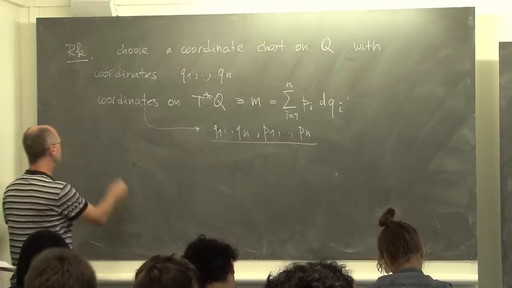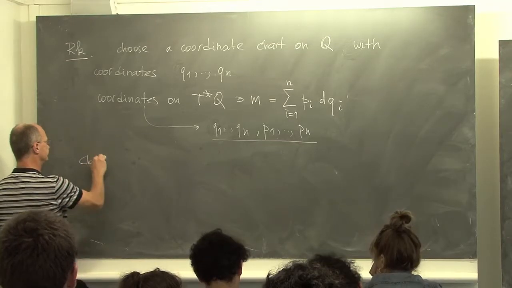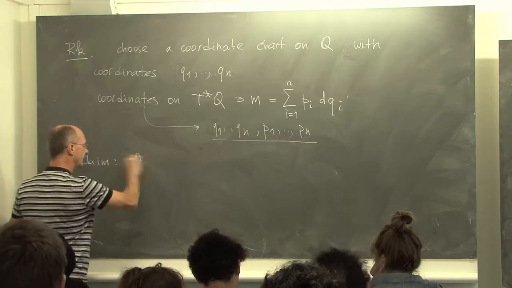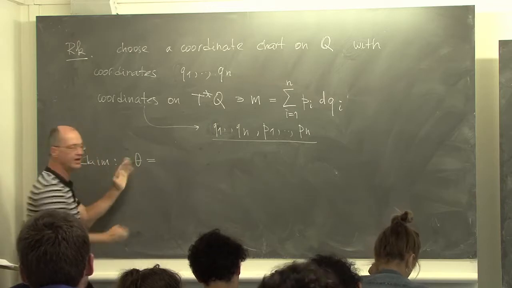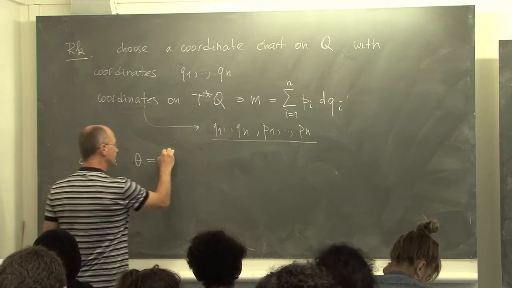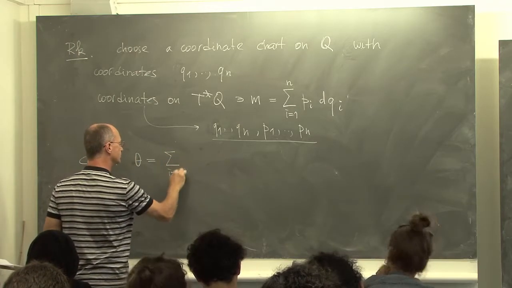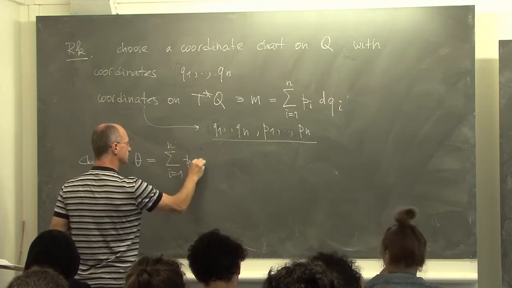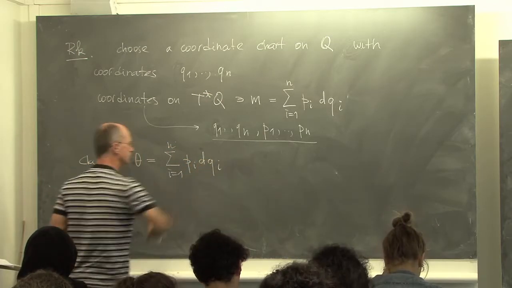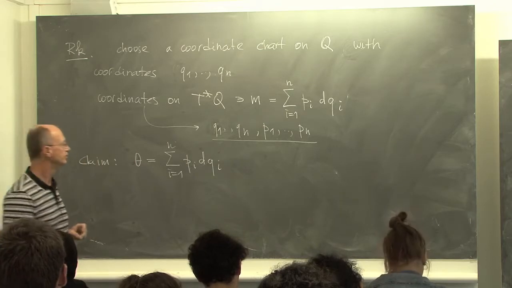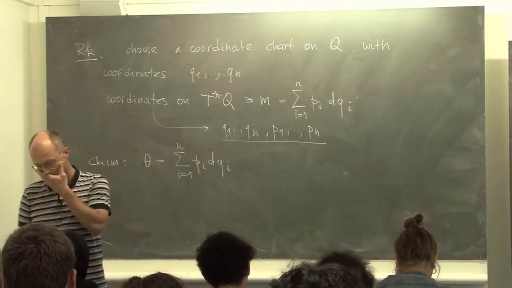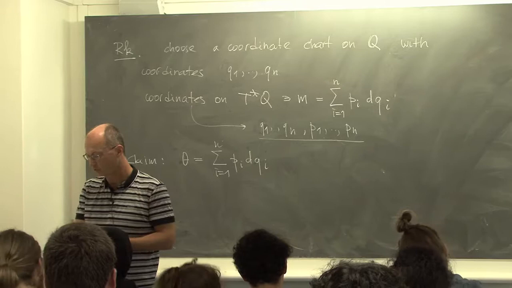Coordinates on T star Q, and then the claim is that our form theta, recall that theta is defined canonically, right? But in this coordinate chart, it will have the form sum of pi dqi. So why is it true?